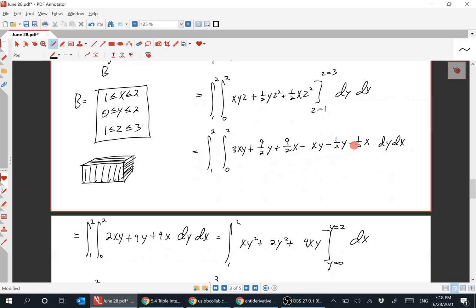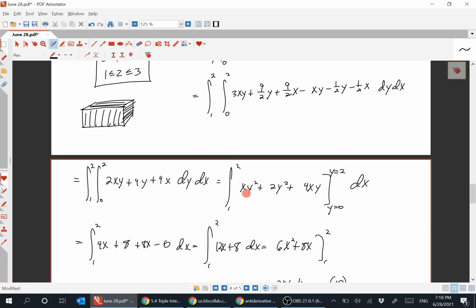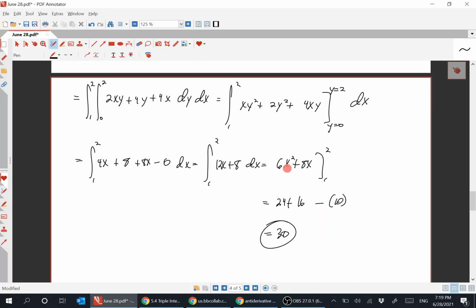So 9 halves minus a half is 8 halves, is 4y and 4x. And then 3 minus 1 is 2. So this is xy squared with regard to y, 2y squared plus 4xy. So at y equal to 2, this is 4x plus 8 plus 8x. That's 12x plus 8. So that is 6x squared plus 8x at 2. It's 24 plus 16. No, this is correct. So we got 30.